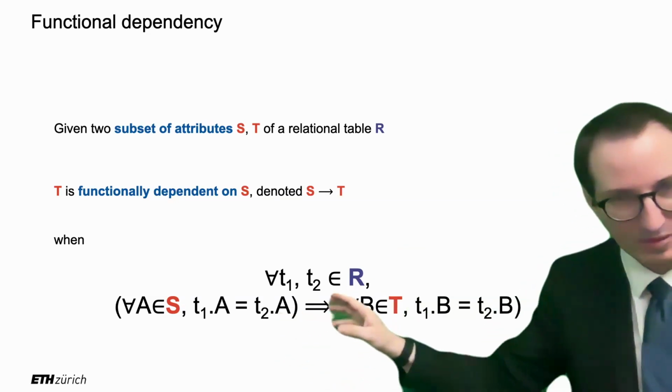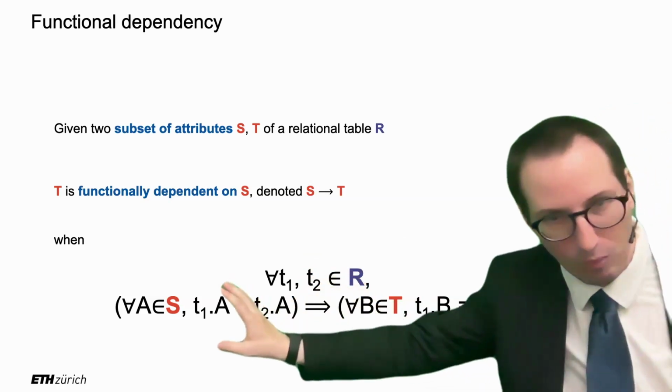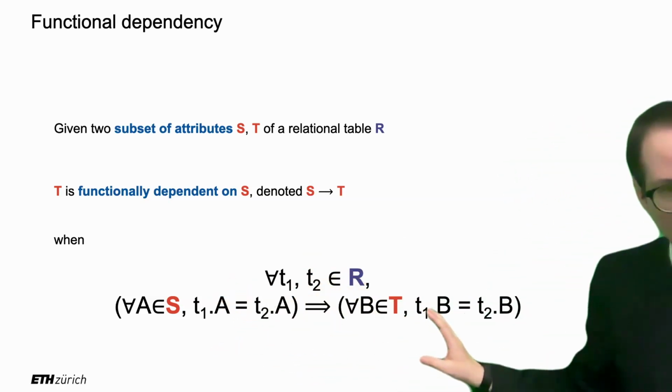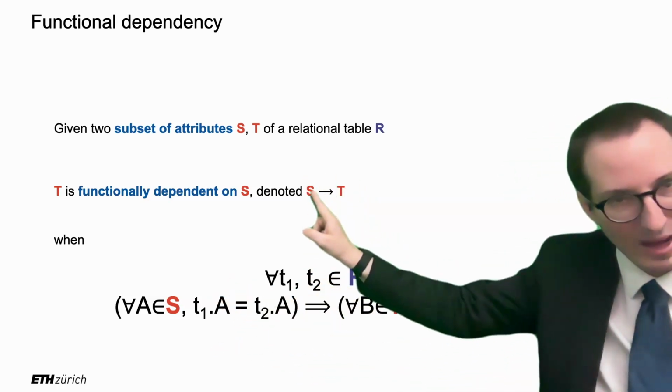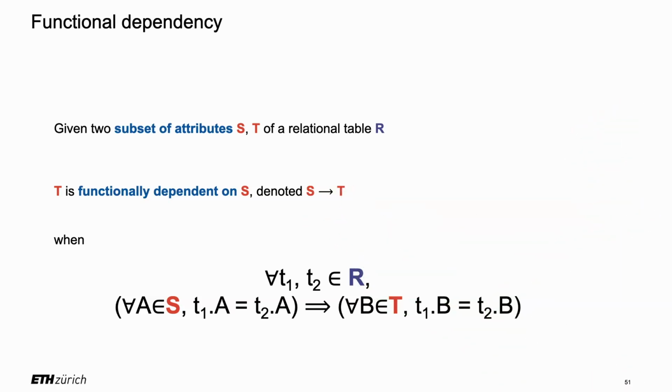If that's true for any two tuples in the table, then I'm allowed to write S, an arrow, and T.